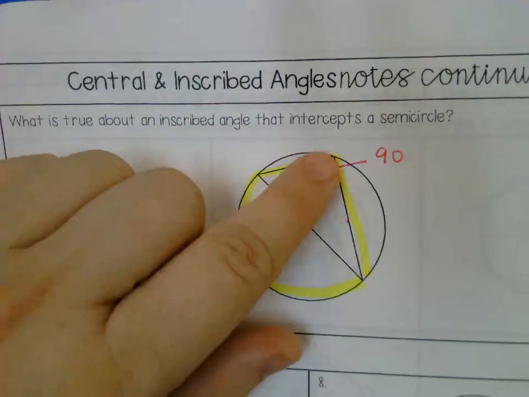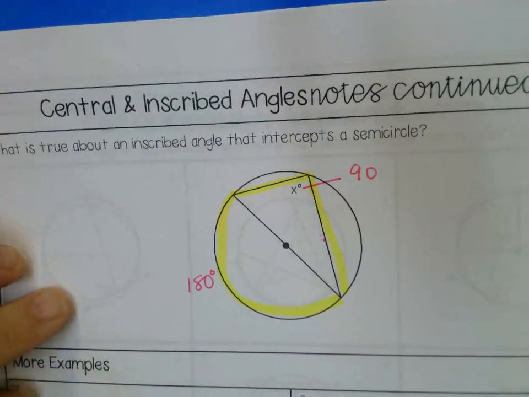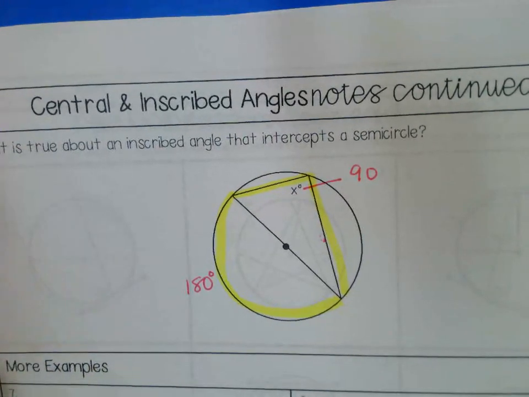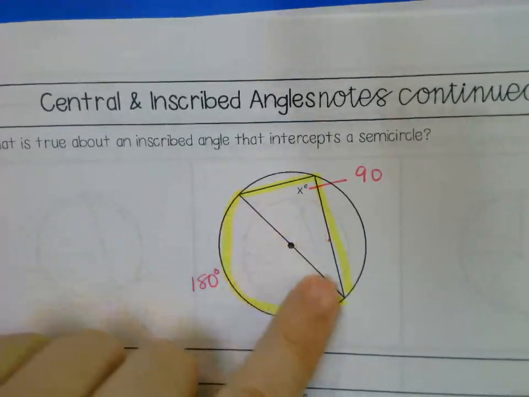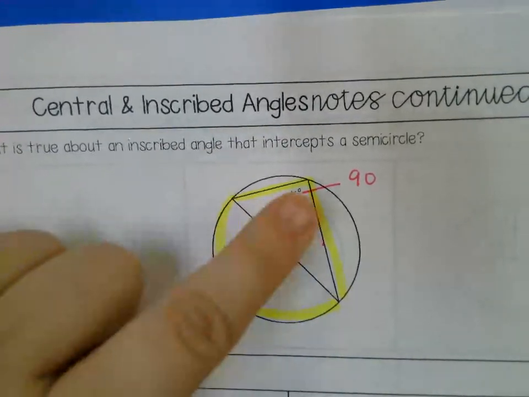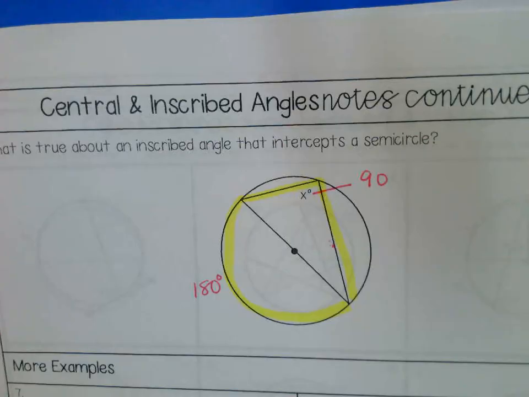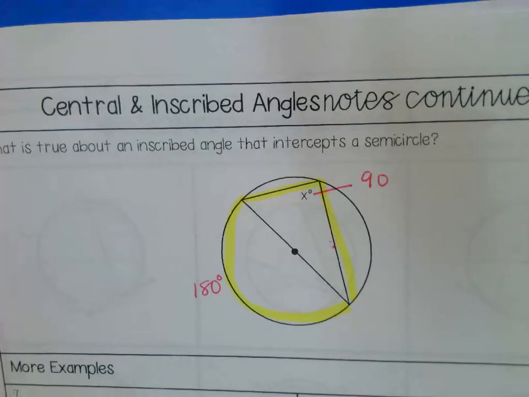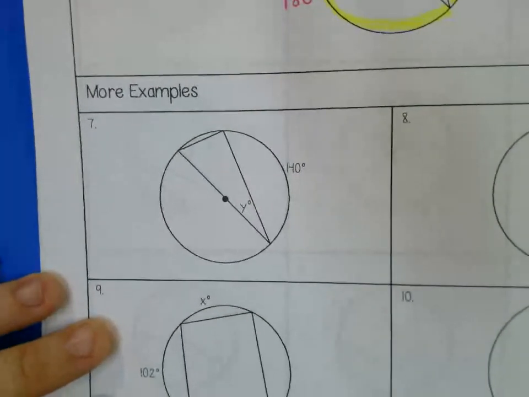Anytime an angle intersects the semicircle, it's always going to be 90 degrees. So some of these you're just going to look, because if it's a diameter, it's a semicircle, and if the angle intersects that semicircle, it's going to be 90 degrees. So let's look at an example of that. Look at number 7.